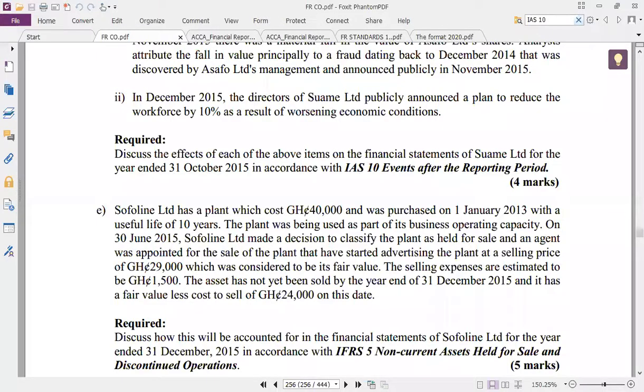Okay, so illustration 1. If you do have the handouts, illustration 1.